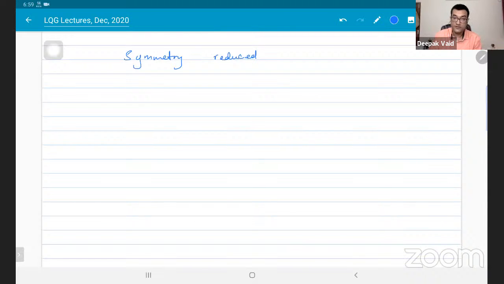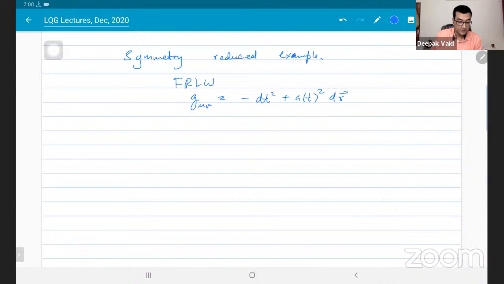So what one can hope is that you can look at a symmetry reduced example, right? So instead of talking about an arbitrary set of three-metrics, which is some infinite dimensional space, you think of a space-time. So for example, FRW or FRLW, right? Such that you can write down the metric as something like minus dt squared plus a squared times dr squared.